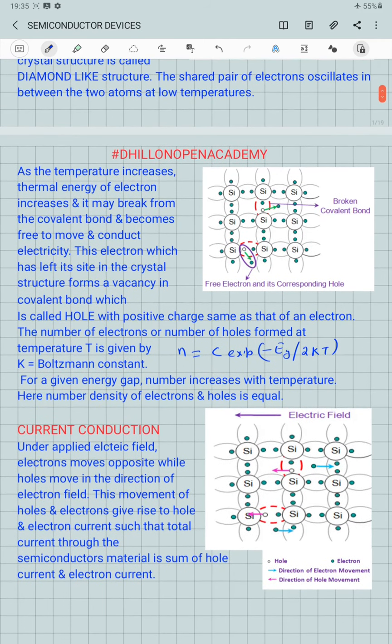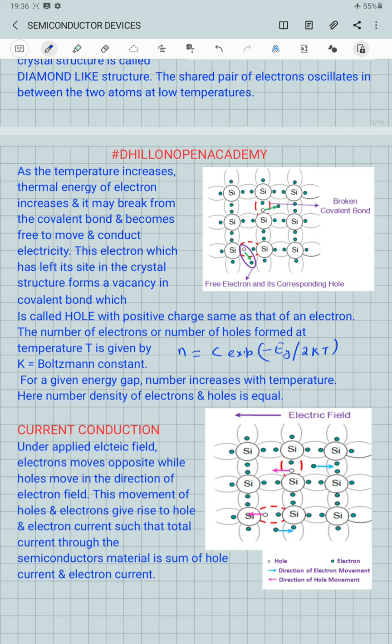When such a pure semiconductor is subjected to a potential difference from the outside, the electric field created inside the crystal structure applies force on the electrons, due to which electrons start moving in a direction opposite to the direction of the electric field, while holes tend to move in the direction of the electric field.